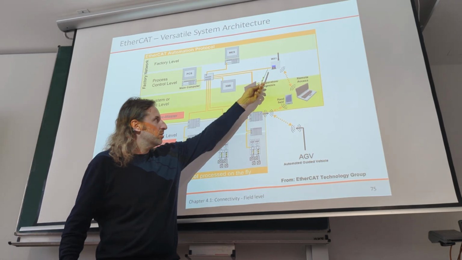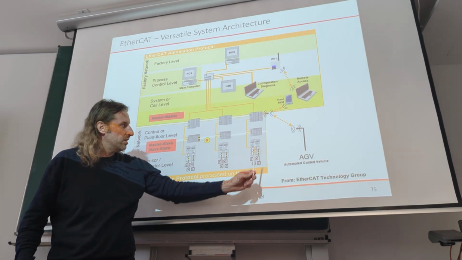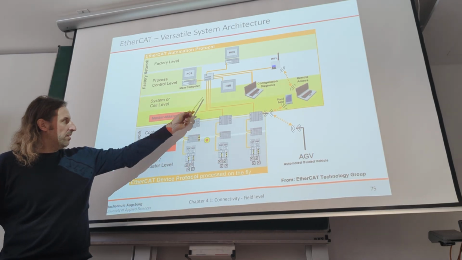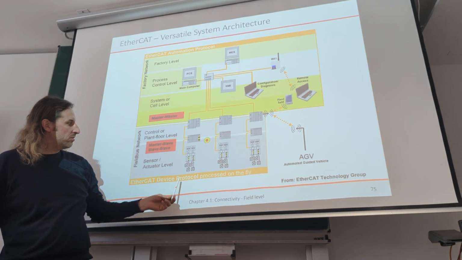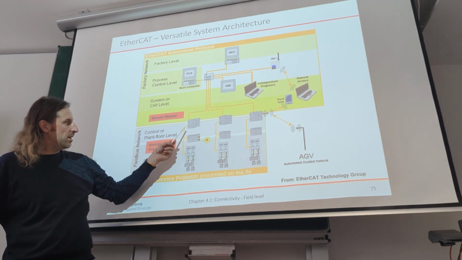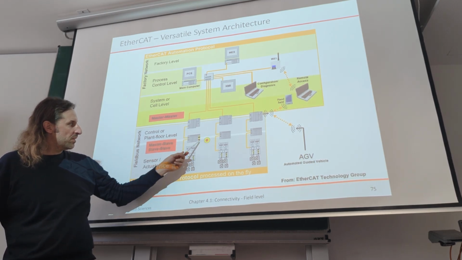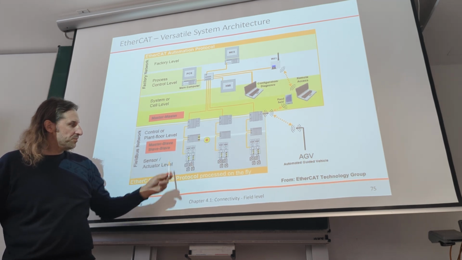You still want to be able to integrate Wi-Fi or handheld devices or AGVs and so on. And then on the field level, you have real-time capable devices, and also safety devices that have to be treated differently.